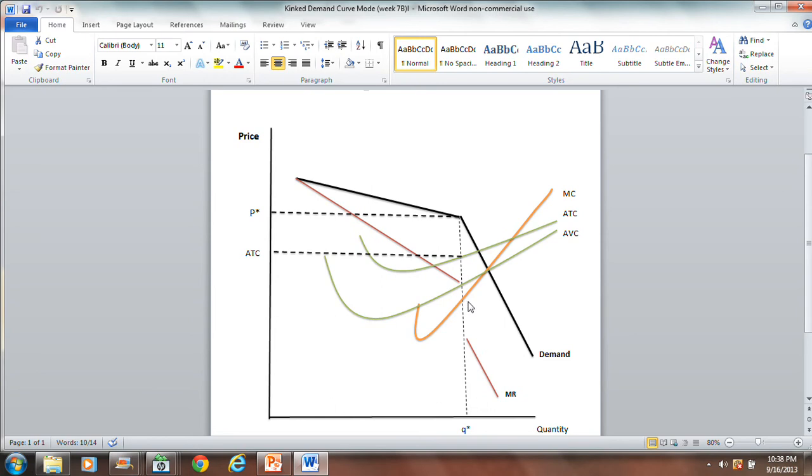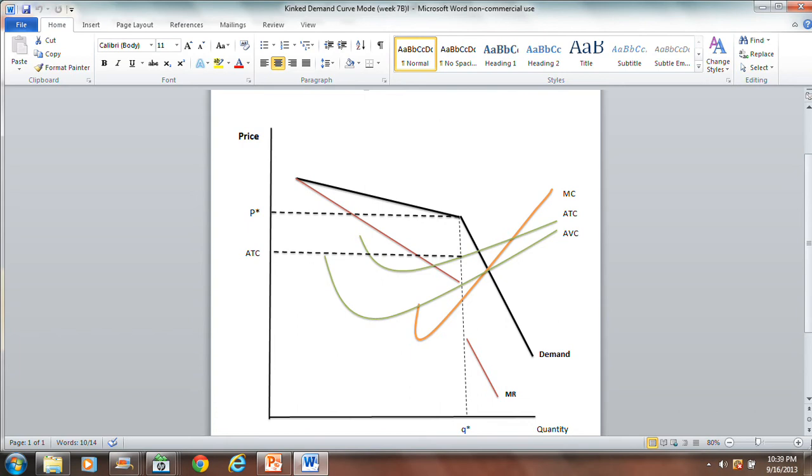If you notice, the marginal cost curve doesn't cross exactly any piece of the marginal revenue. It's not crossing the marginal revenue here, and it's not crossing the marginal revenue there. And so the way we deal with that is, once the marginal cost crosses that gap space, it is assumed to equal marginal revenue.